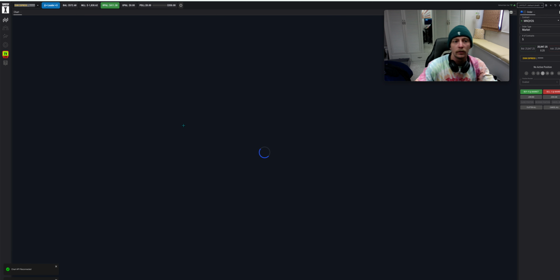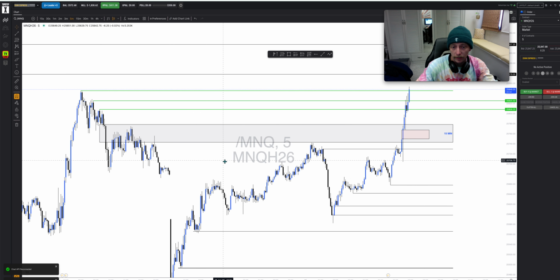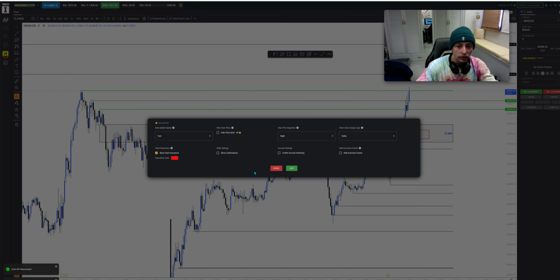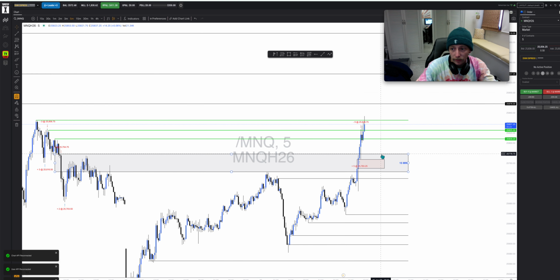On the executions, I got in at 783, right as the candle was breaking above the gap, and I got out at 824, so it was right at PT2.